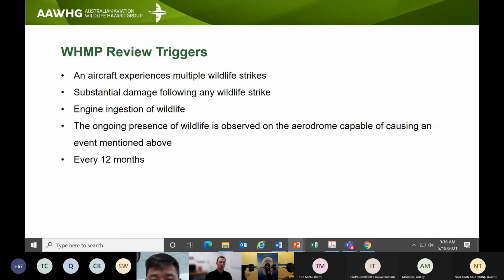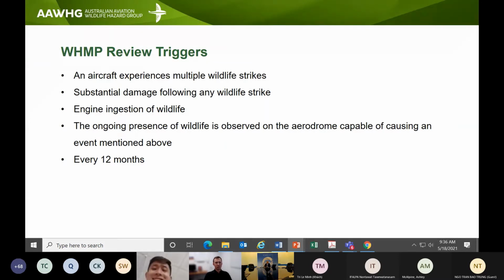So there are several factors that trigger a review of a WHMP. Significant strike event would be a key trigger. For example, if an aircraft has multiple wildlife strikes, substantial damage following any wildlife strike, or an engine ingestion.